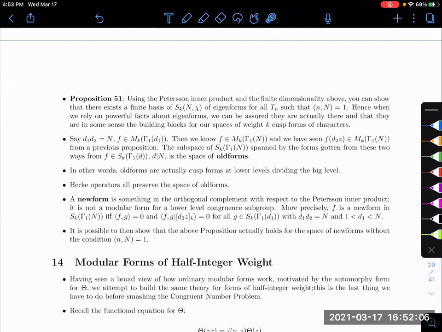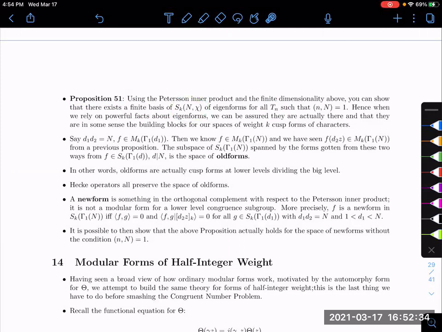This answers the question I was asking earlier, which is, how often do these eigenforms actually exist? For which spaces do they exist? Well, here you go. Here's a great answer to that question. There is always a finite basis of eigenforms for all T sub n, for cusp forms of weight k, for any character chi.